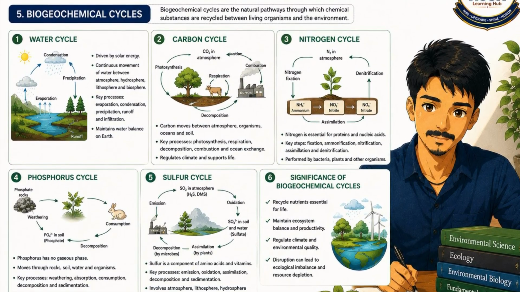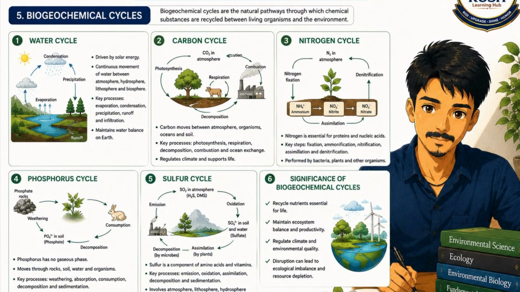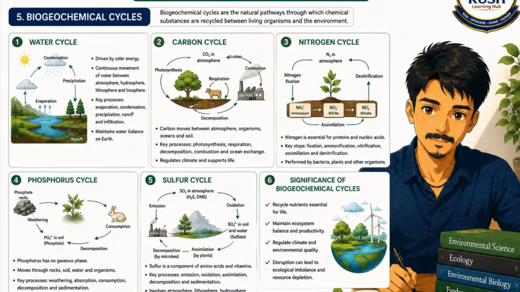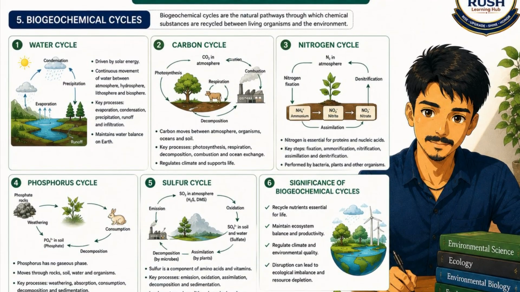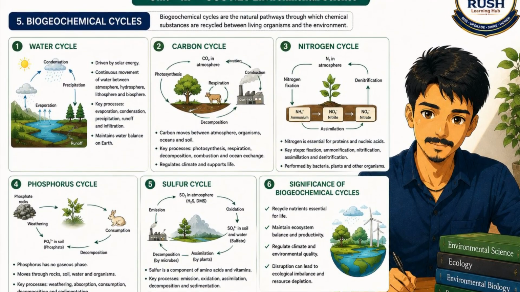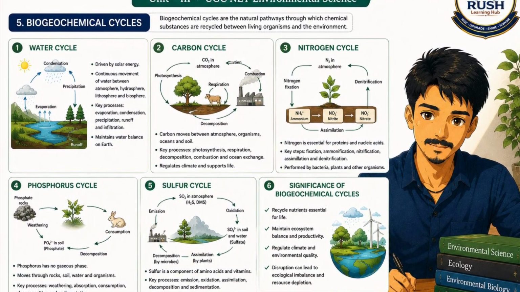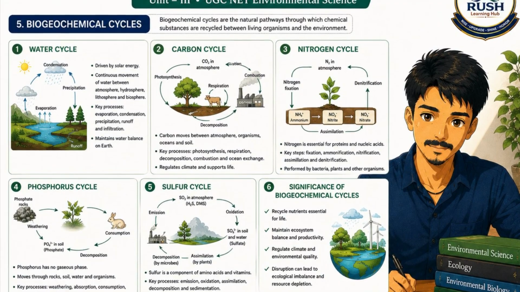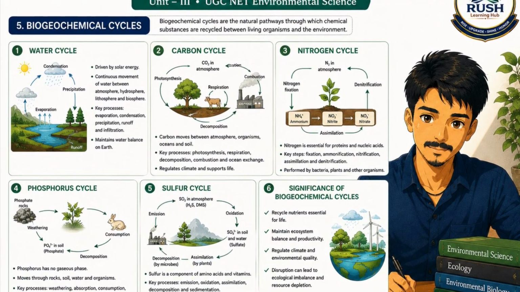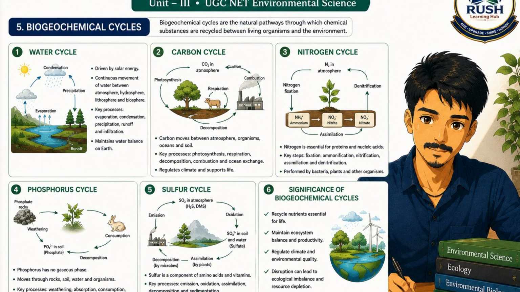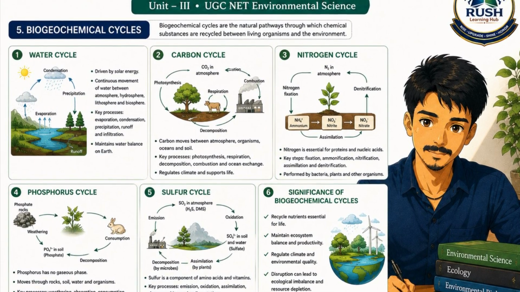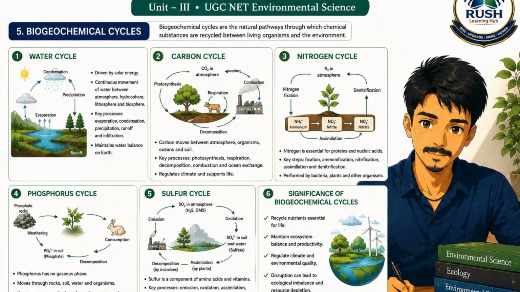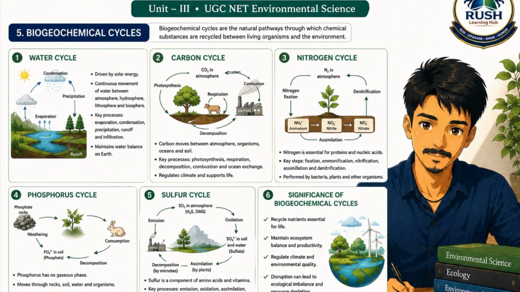The major biogeochemical cycles include the water cycle, carbon cycle, nitrogen cycle, phosphorus cycle, and sulfur cycle. Let us first understand the water cycle, also known as the hydrological cycle. The water cycle is driven by solar energy and involves the continuous movement of water between the atmosphere, hydrosphere, lithosphere, and biosphere.